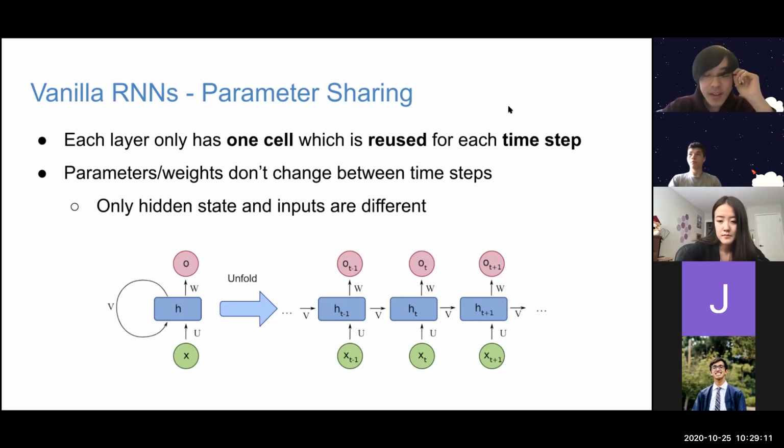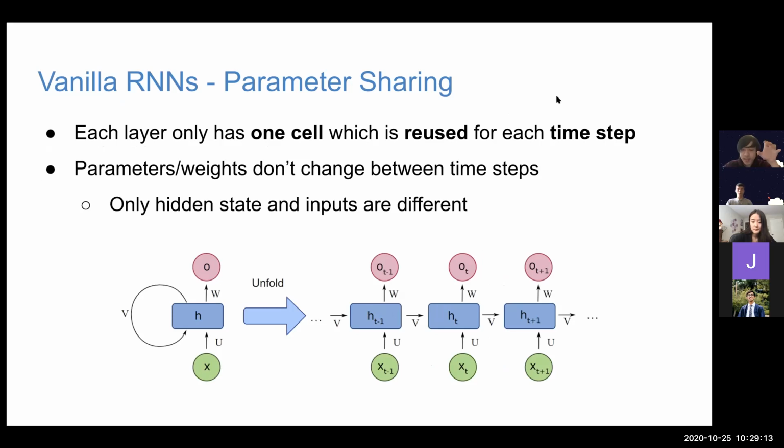And the benefit of this is that if you were processing an arbitrary length input, then obviously you can't have a different cell for each time step, because if your input changes, then you would have to learn a completely new set of weights for the next length. So if you are used to only processing length 5 inputs and you suddenly get a length 6 input, then you won't have a corresponding set of weights for that 6th input.